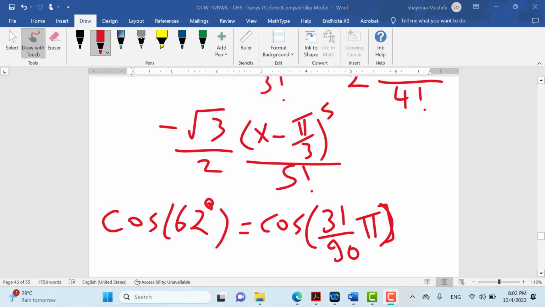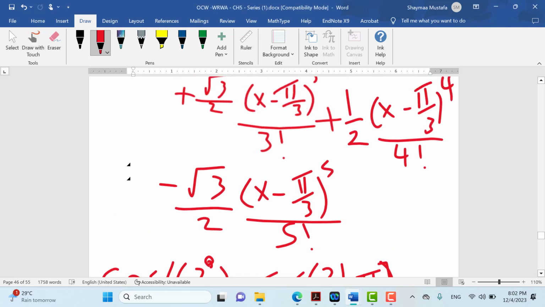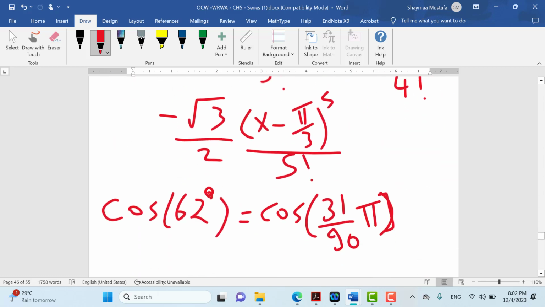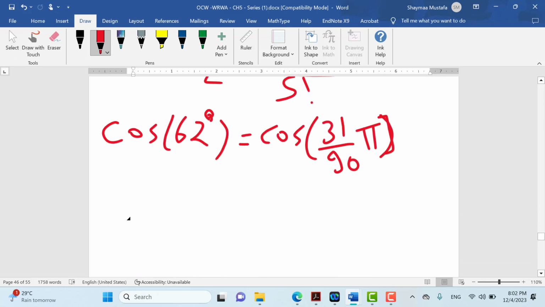By 31 over 90 pi. So here we will substitute x by 31 over 90 pi. So you will have this result.